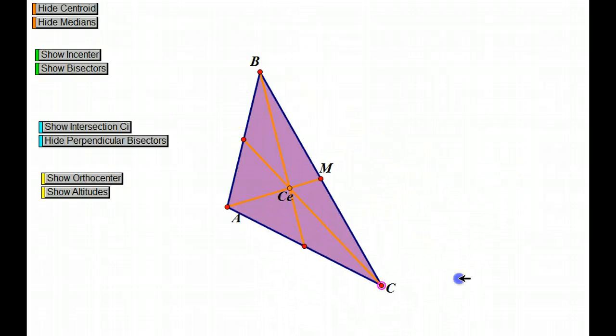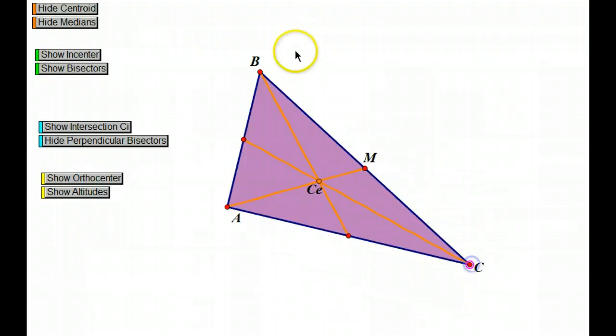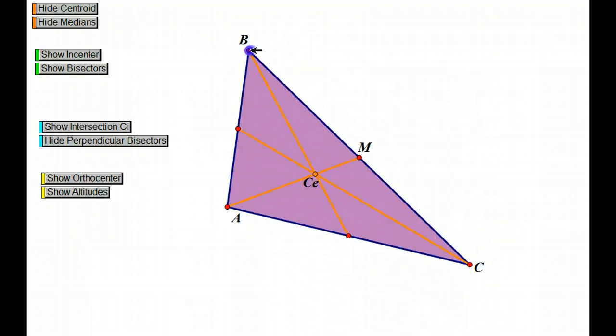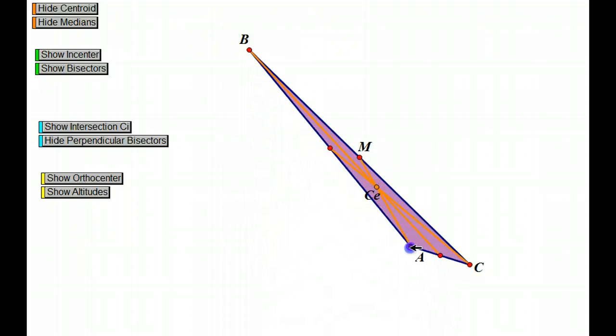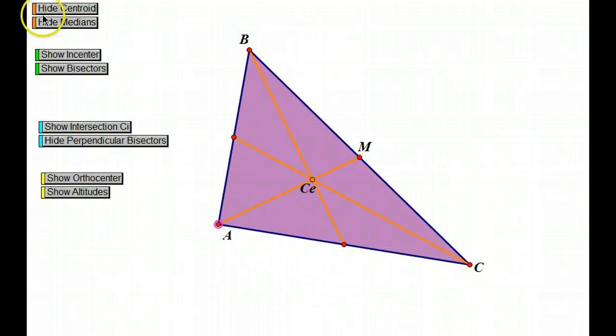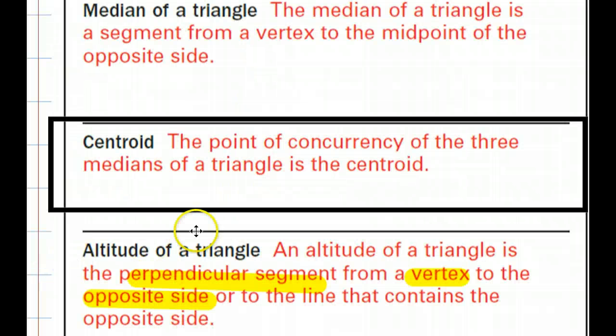Even as I change the dimensions of this triangle, you see that the centroid is always inside the triangle no matter what type of triangle we have. So again, the point of concurrency of all the medians of the triangle is called the centroid.